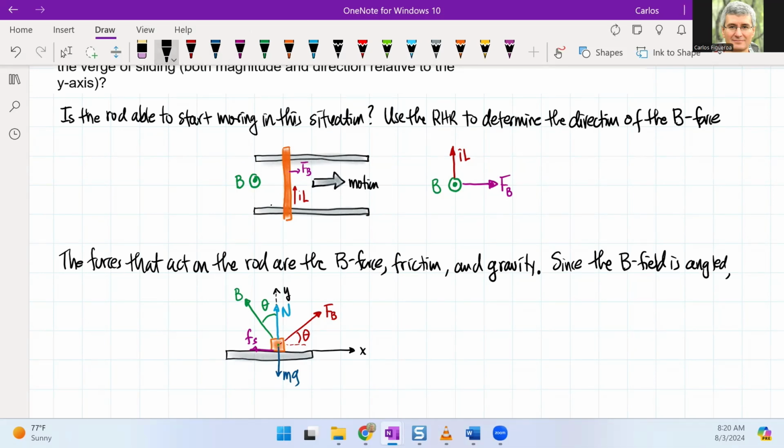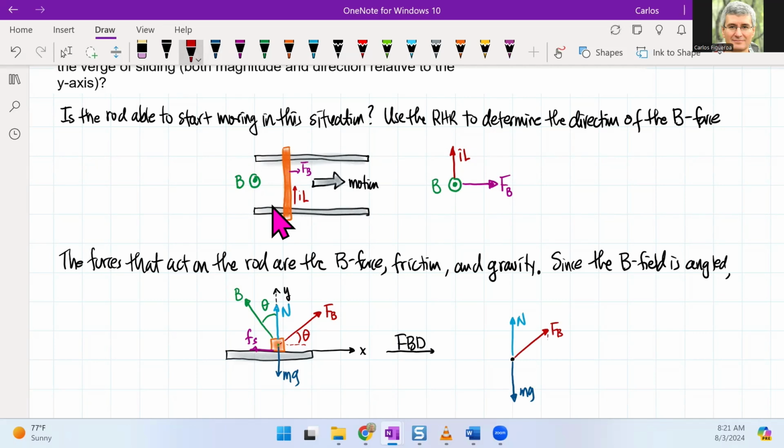So now I want to convert this into a free body diagram. I have my dot. I have a normal force. I have my mg. And then I have my magnetic force, but note that my magnetic force is going to have components.